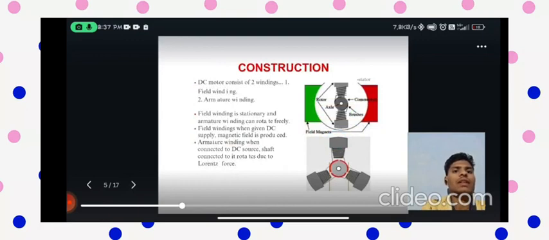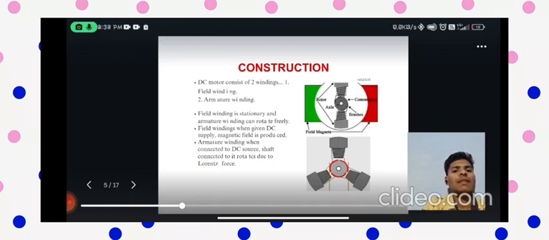Construction. A DC motor consists of two windings: field winding and armature winding. Field winding is stationary and armature winding can rotate freely. In the field winding, when a DC supply is given, a magnetic field is produced.